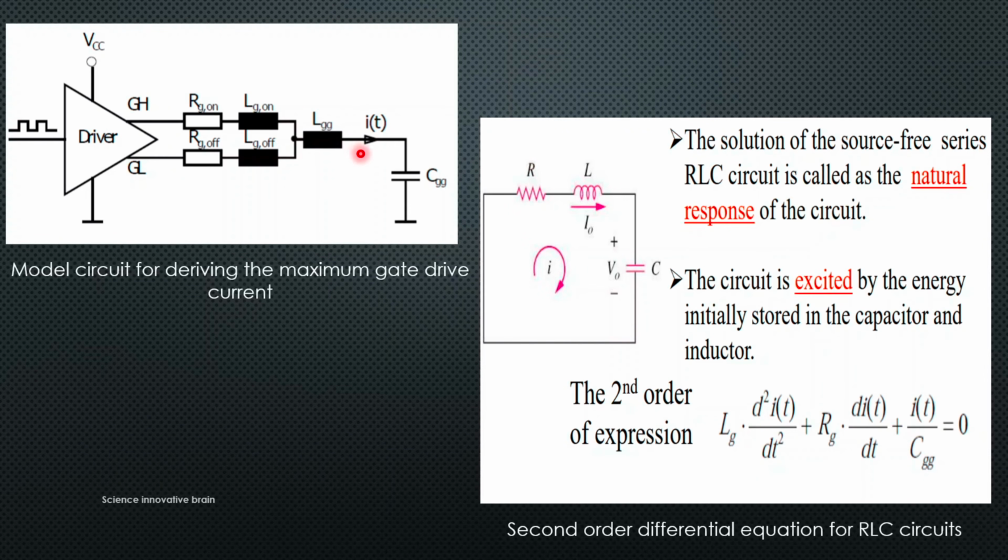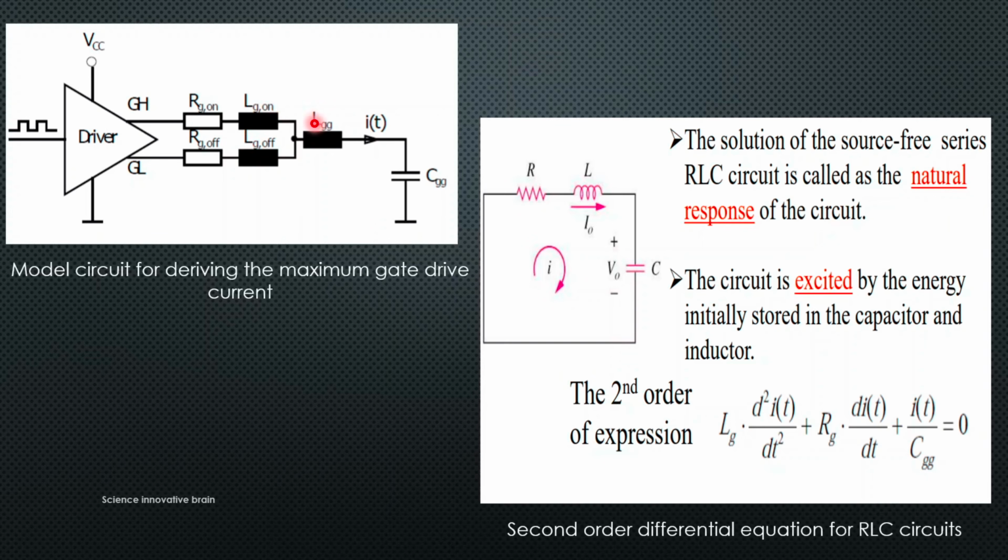Before selecting the gate resistance, I have drawn the actual model of your gate driver and the capacitance of the IGBT. If you see here, this part is the gate driver, this CG is the capacitance which is equivalent to the input capacitance of the IGBT, and this RG on is the turn on resistance and RG off is the turn off resistance.